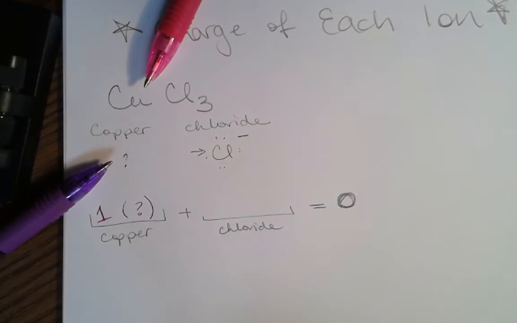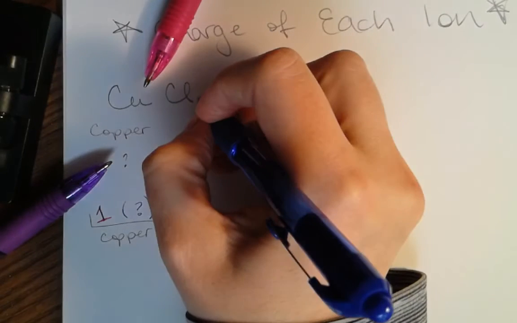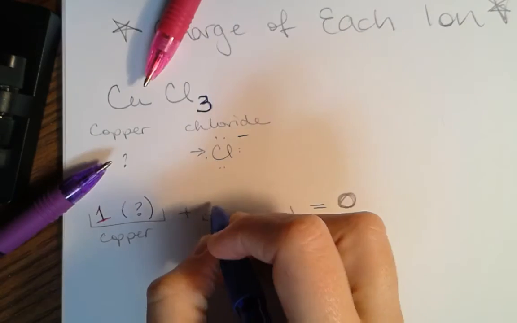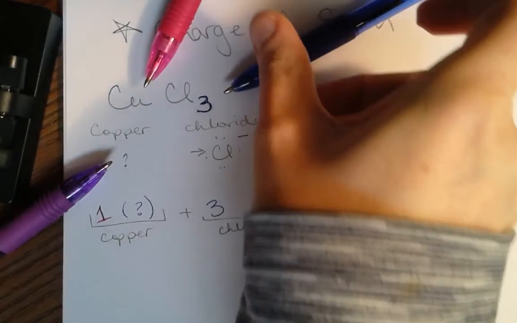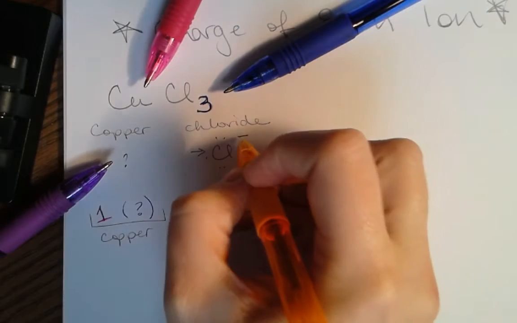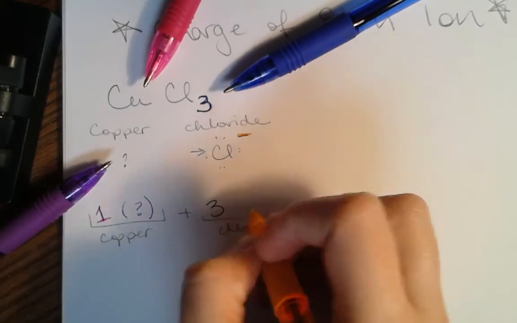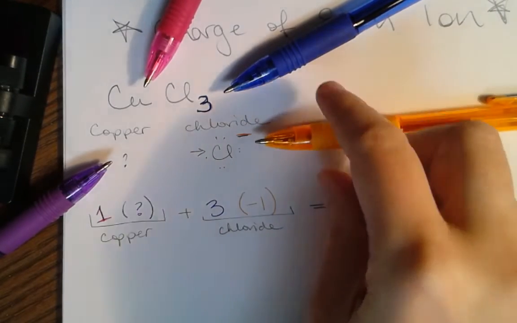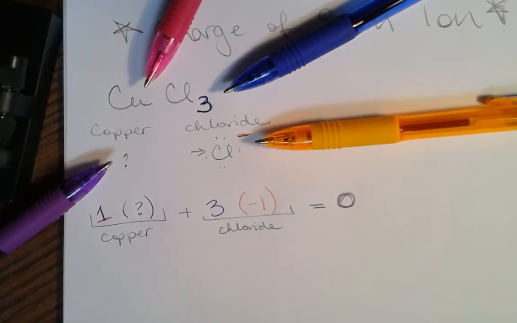On our chloride side, we've got 3 chlorides in that formula. So we have 3 chlorides in our formula. And each chloride has a charge of -1. And while that kind of looks like a lot, we're looking at how many of each type of ion.